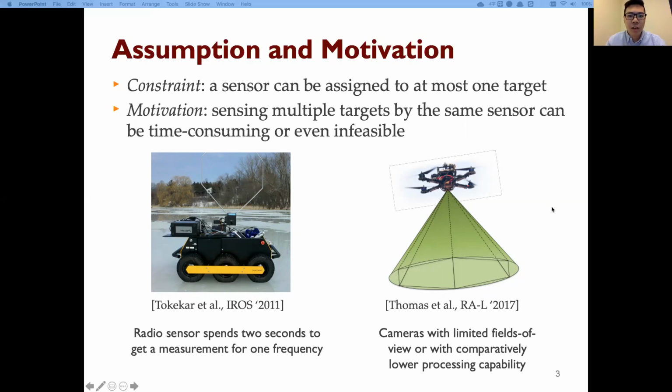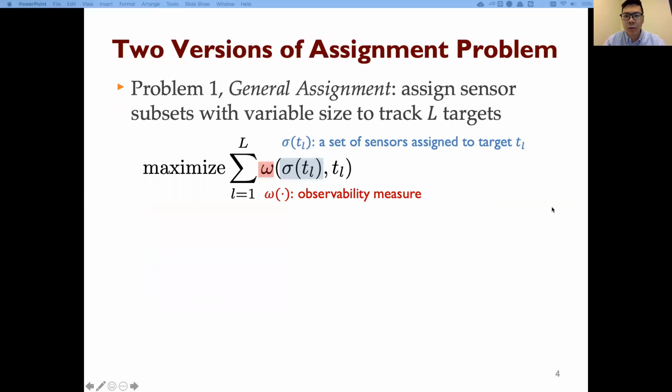Based on this constraint, we studied two versions of the assignment problem. The first one is called general assignment, where we assign sensor subsets to track targets. The size of each sensor subset can be different, and our objective is to maximize the summation of the observability measures omega from all L targets.